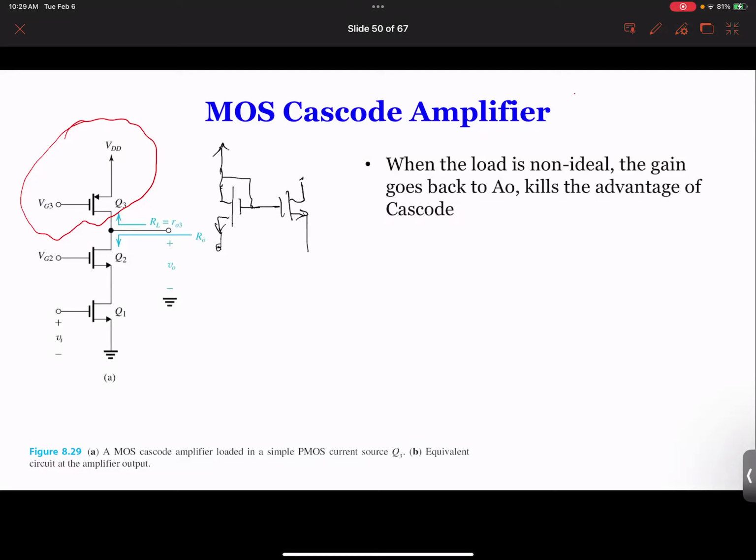So that's your current source, which has a Q3, and then we can call this Q reference.